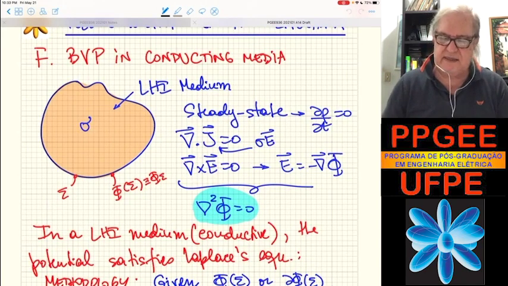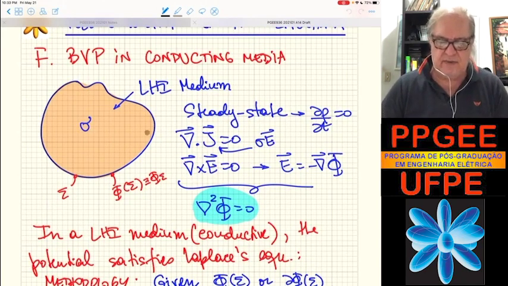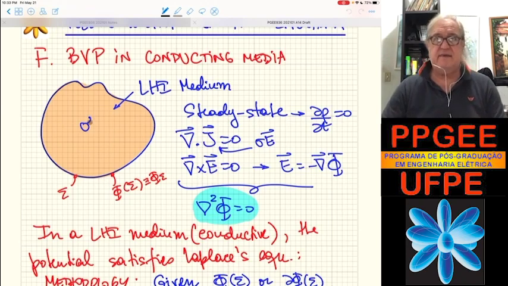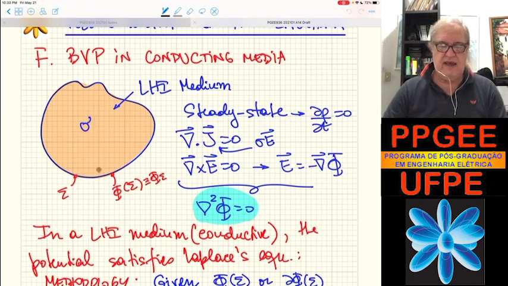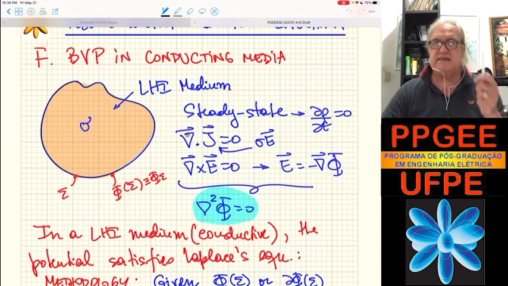Consider a medium that is linear, homogeneous, and isotropic, with a conductivity. That's all you need to solve the problem, right? So you have the potential given on the boundary of the volume, which is area sigma. We are going to consider steady state. It means that the divergence of J is the quantity we want to determine.